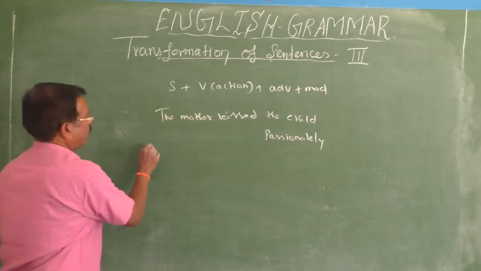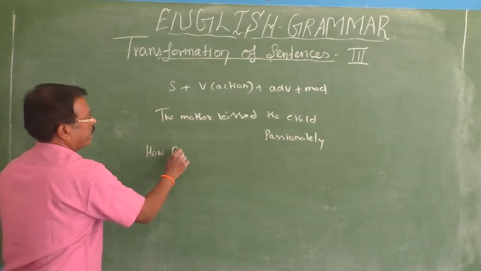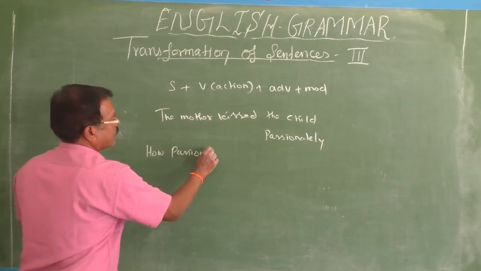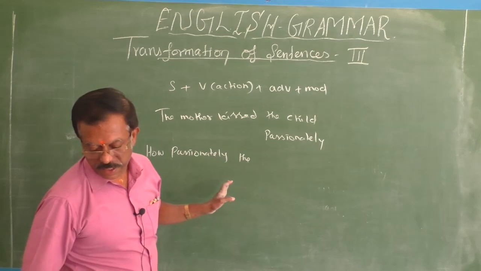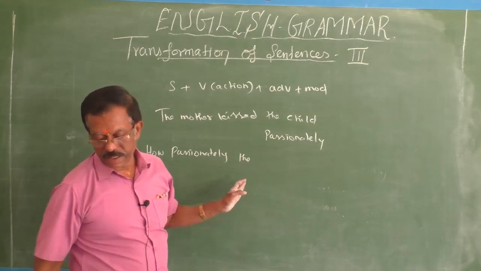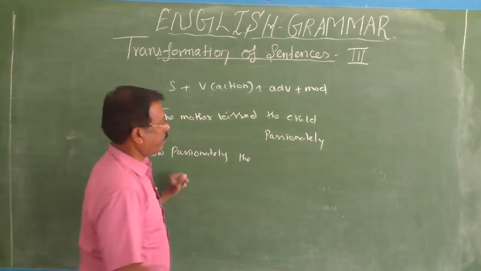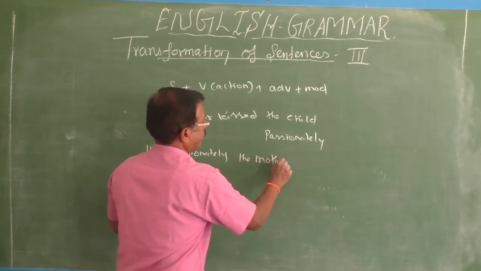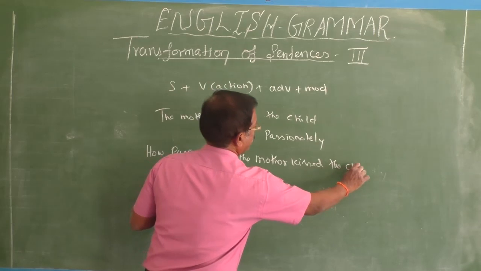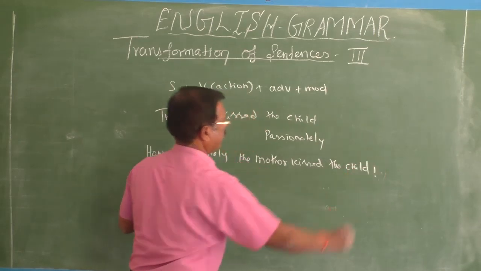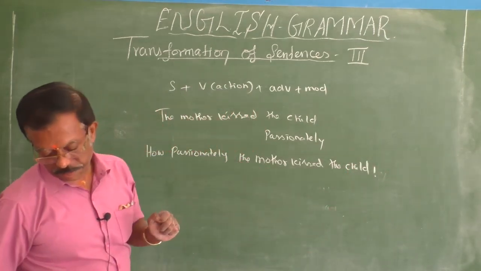So here, how passionately the mother kissed the child. So that's the way you have to change the given sentence into an exclamatory.